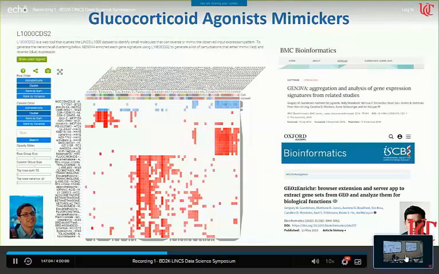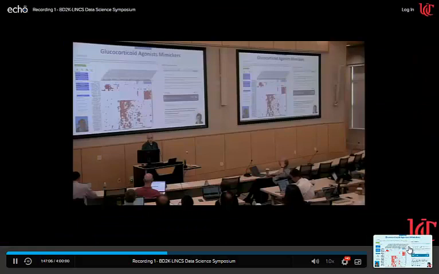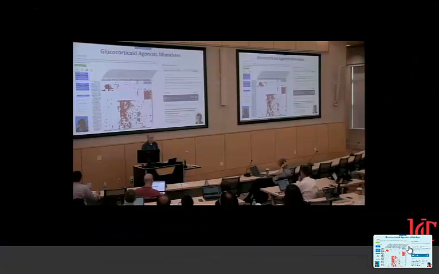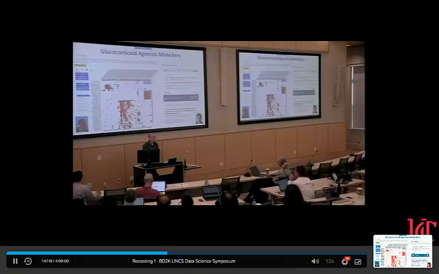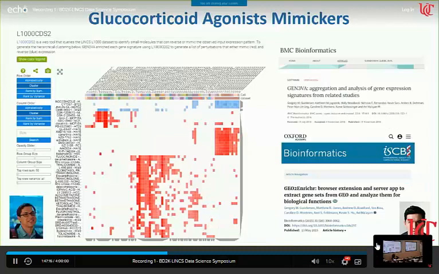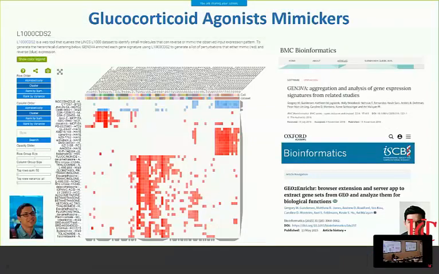He published two first author papers, and one of them was this GEO2Enrichr Chrome extension that enabled you to go to GEO and click on samples and automatically extract signatures. And then the next part was you can tag those signatures and create collections of signatures, and then you can compare those collections. And this is an example of looking for glucocorticoid agonists.